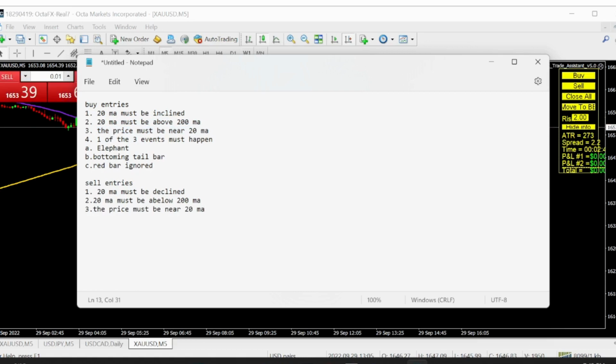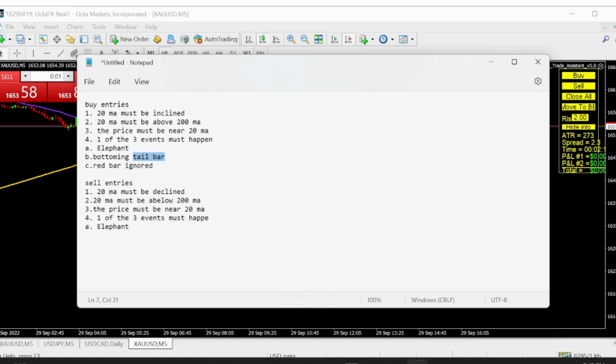And the fourth criterion is very similar to the buy entry. Here also we look for elephant candles, but this time we look for a red elephant candle, a bearish elephant candle.